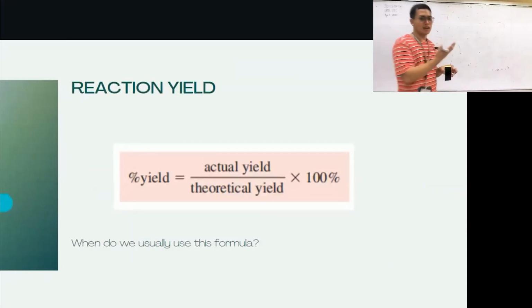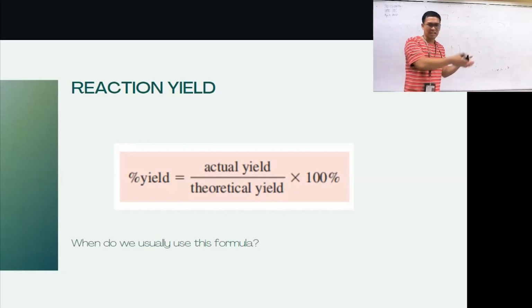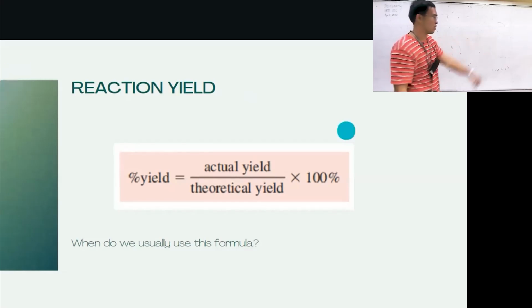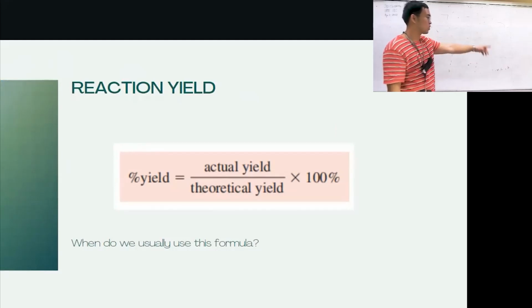Siyempre, in every chemical reaction, we have our reaction yields. Di ba minsan, kahit sabihin natin, ito yung maproproduce natin na certain amount of, let's say, a base or a salt, pero hindi naman entirely siya lumalabas kapag winay na natin siya sa beaker, or sa analytical balance. Kaya tayo pinapakuha ng reaction yield. And the formula would be the actual yield over theoretical times 100.